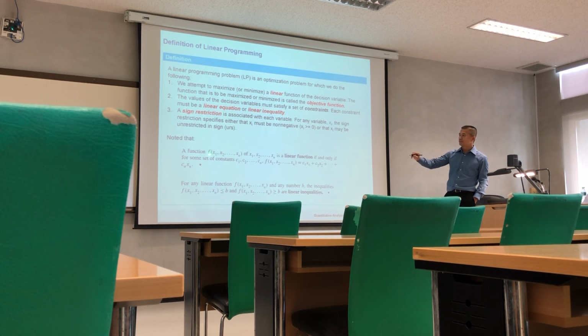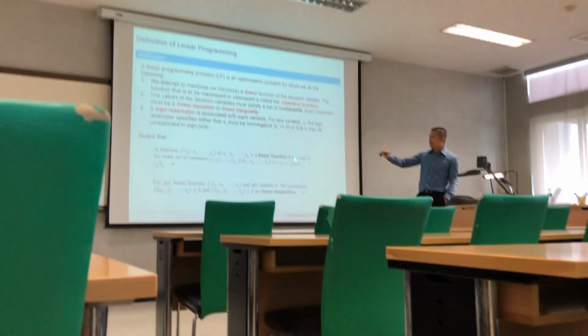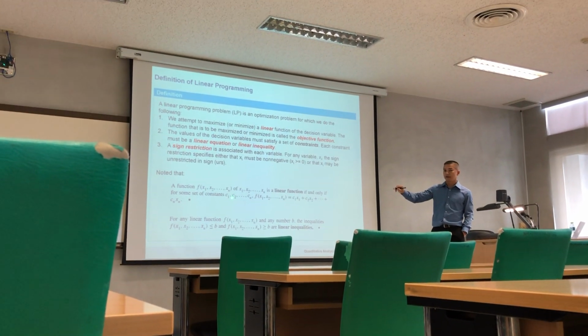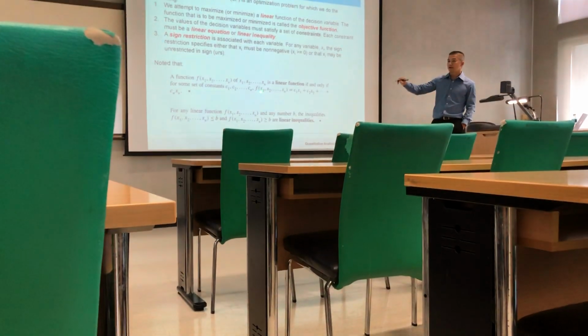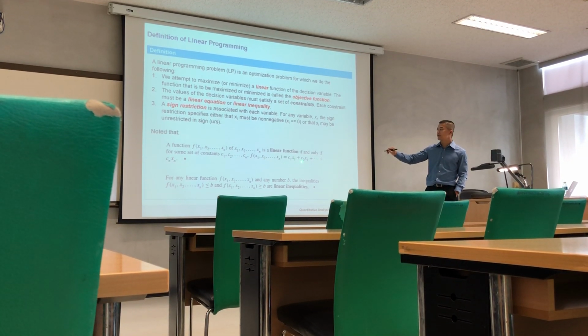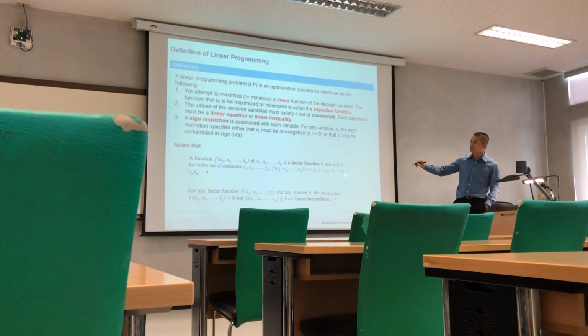Okay, this is a function f of x1 to xn. It is a linear function if and only if for some set of constants c, f of x1 to xn equals c1 x1 plus c2 x2 and so on, plus cn xn.